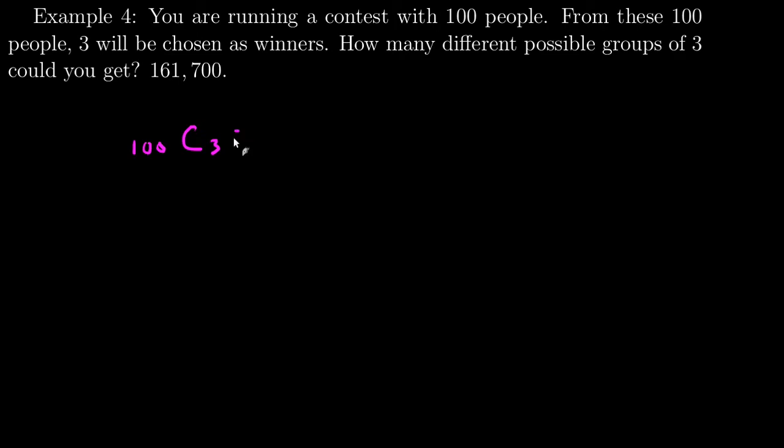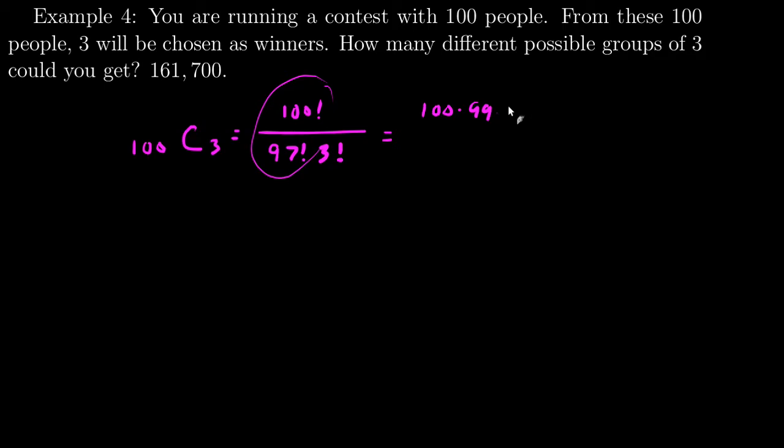Or I could do 100 factorial over 100 minus 3, which is 97 factorial, times 3 factorial. And that's the bigger number. I'll cancel out what we have. We'll be left with 100 times 99 times 98 times this 97 factorial, which is going to very quickly cancel out with this 97 factorial.